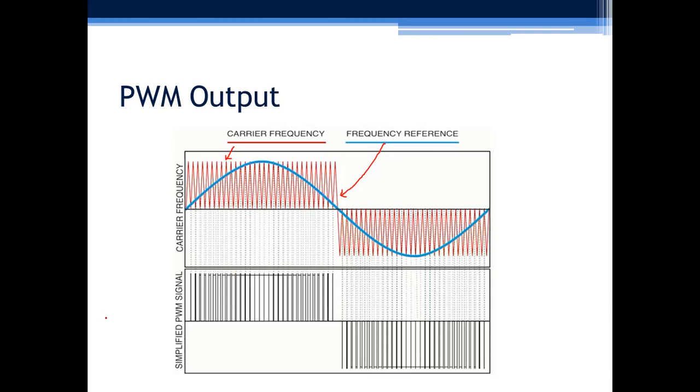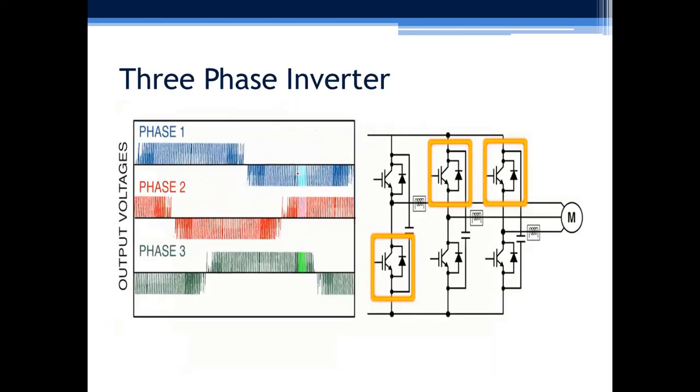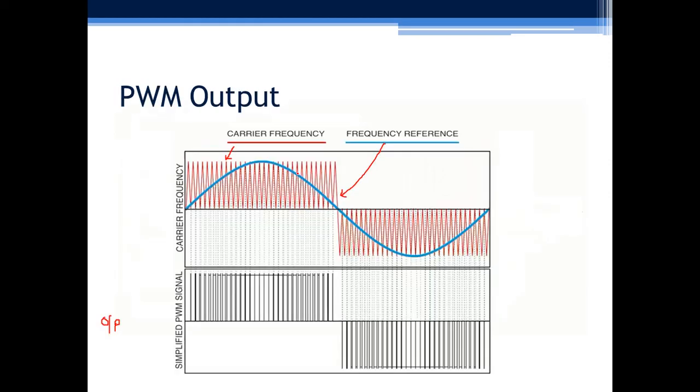So this is the output. The comparator takes this carrier and the modulating signal as input, and generates PWM signals for the different IGBT switches of this inverter, and the output we get is a pulse width modulated output.